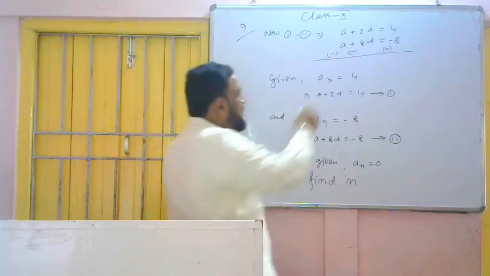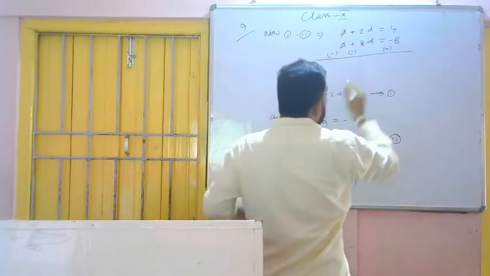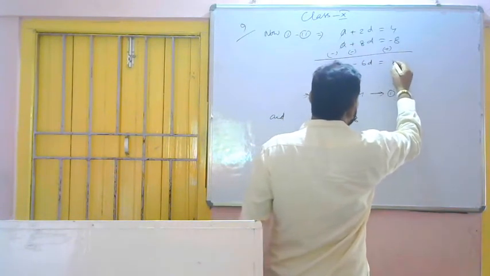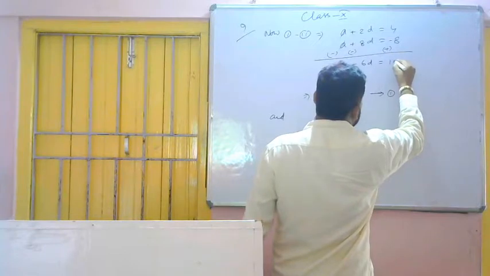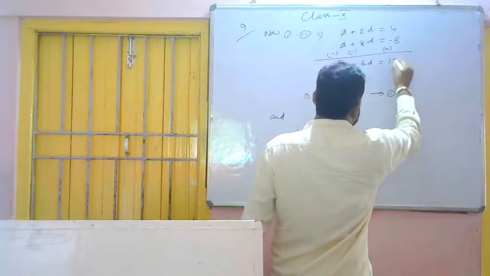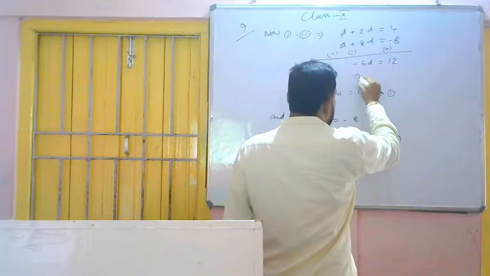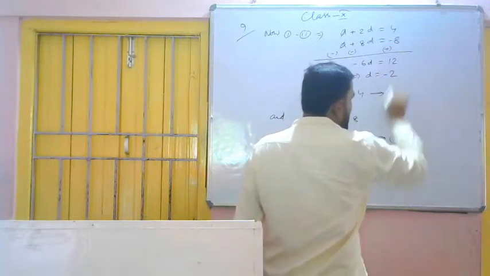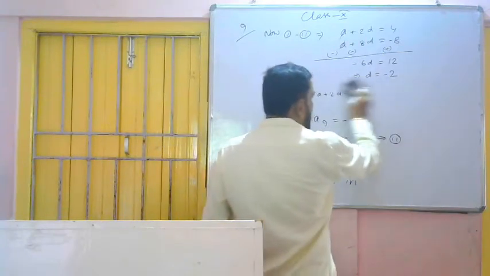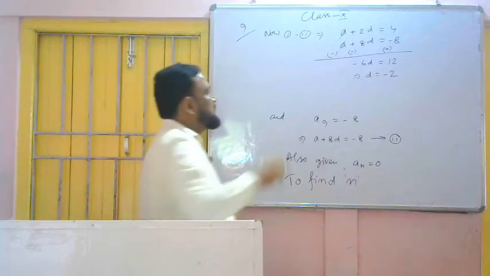A got cancelled, minus 6D is equal to minus 12, which implies D is equal to minus 2. Now putting this value in equation number 1 or 2, we can find out A.